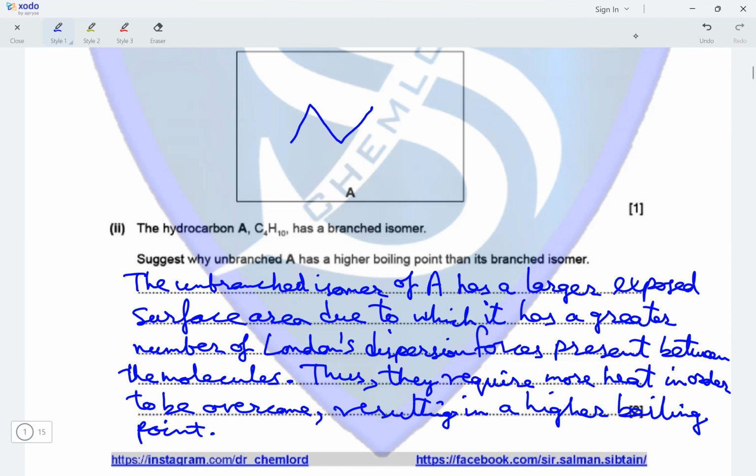So the greater the number of London's dispersion forces present, which are instantaneous dipole, induced dipole forces, the greater would be the amount of heat required to overcome them. And once the intermolecular forces are overcome, then only would a substance boil.